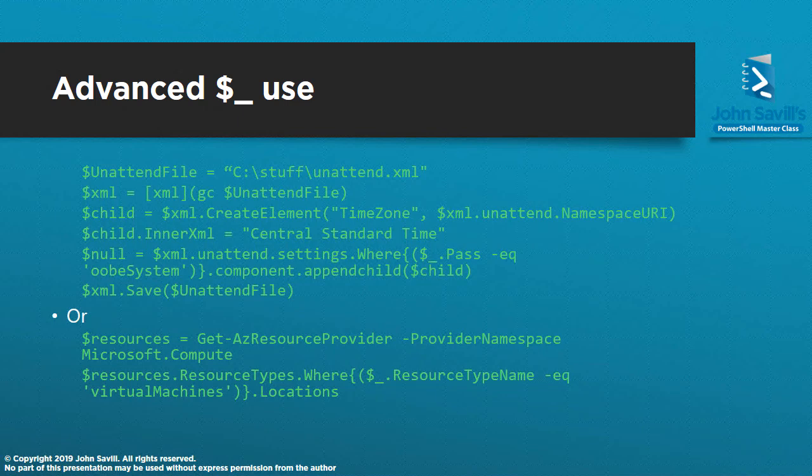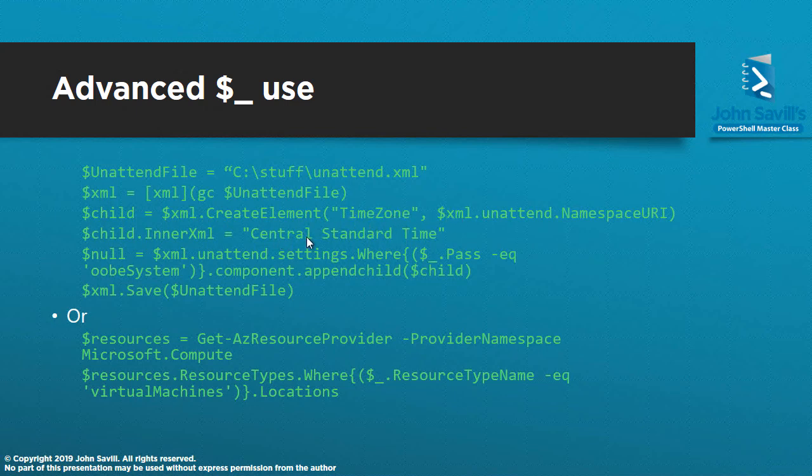So here's some kind of advanced $_ use I've had in the past. Here is that XML example I talked about. I had an unattended answer file. I read it into an XML variable, casting it by doing the square bracket XML. So I get the content, GC is an alias for Get-Content. And then what I'm actually doing here is I create a new object, an element called TimeZone.